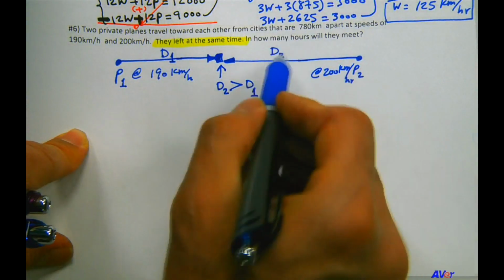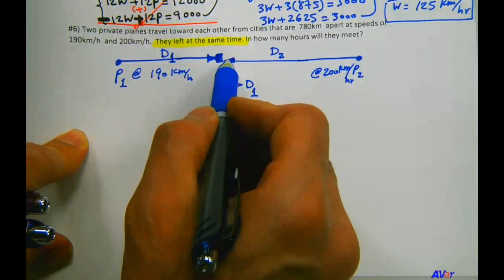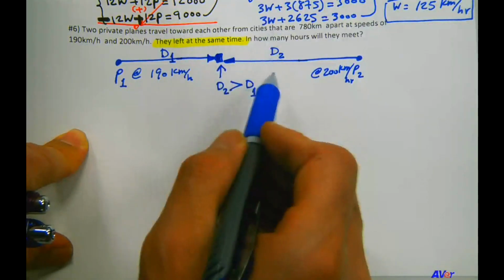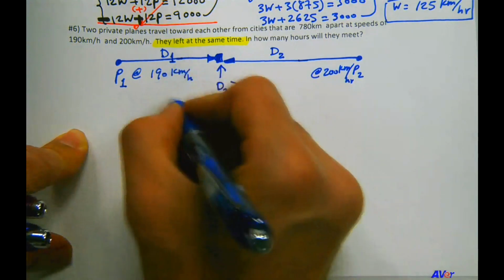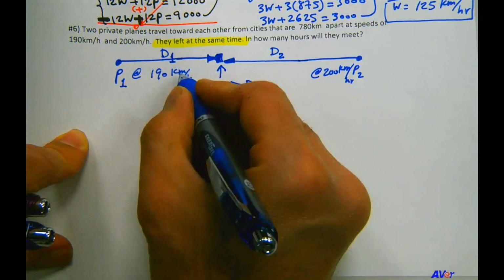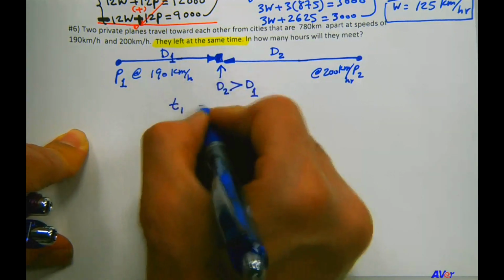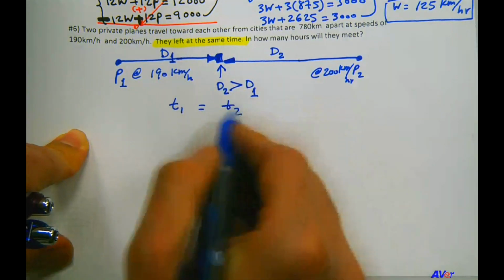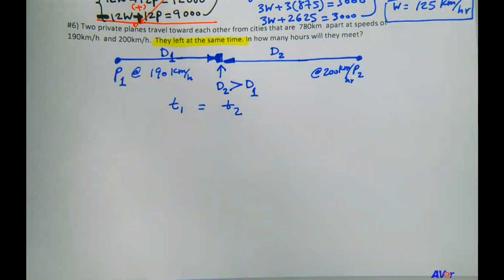Of course, plane 2 has traveled a longer distance, but the time during which both planes have been in the air must have been the same. So we can say that T1, the time that plane 1 was in flight, is equal to T2, the time the second plane was in flight. Okay?